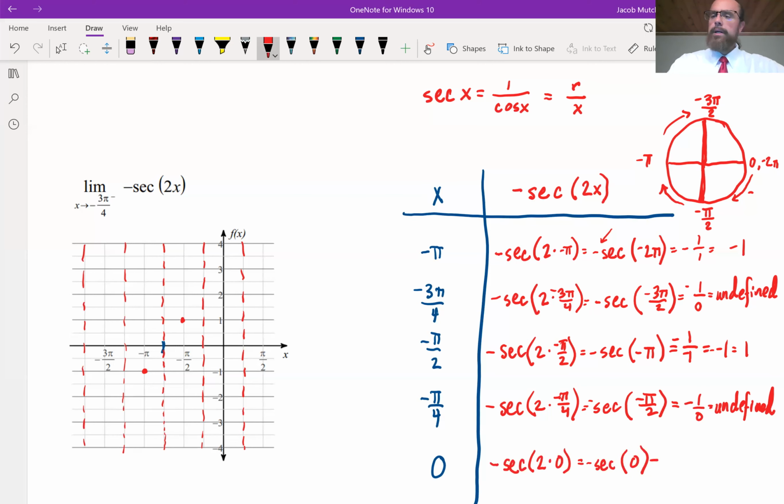That's right here on the unit circle. Cosine of 0 is 1 over 1. The inverse of 1 over 1, which is secant, is 1 over 1. We had a spare negative out front, so that's negative 1 over 1, which is negative 1. And I think that was your prediction.